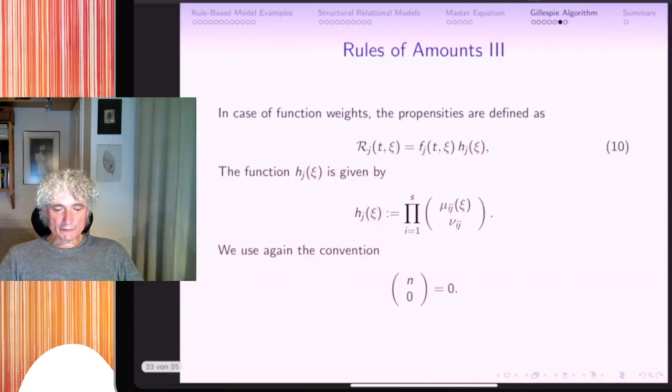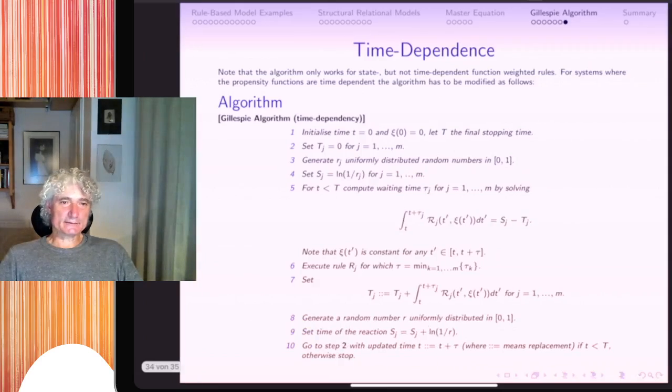And you also can compute the same kind of propensities, for example here with a function-weighted approach. And you have exactly the same Gillespie algorithm as before.